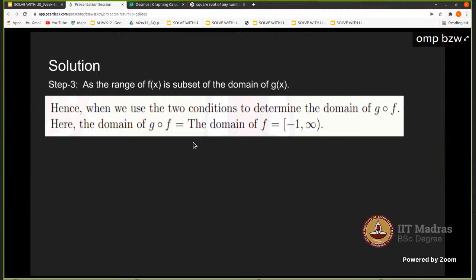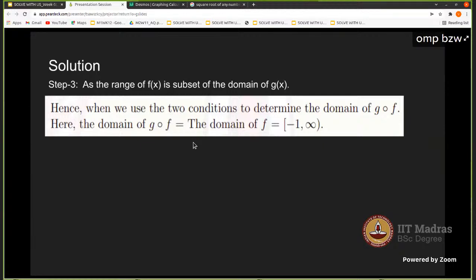We just need to worry about this first function f. So I will take only x which are defined in function f, and all those will be in the domain of G circle f.